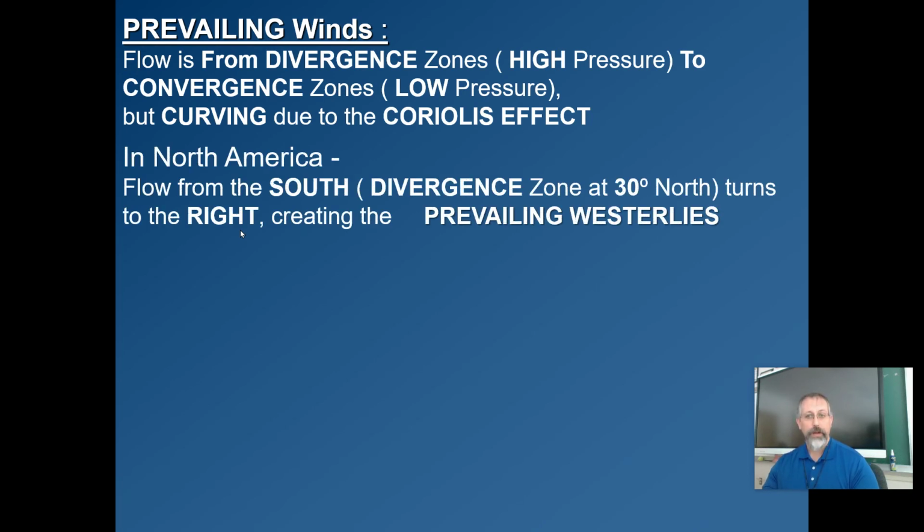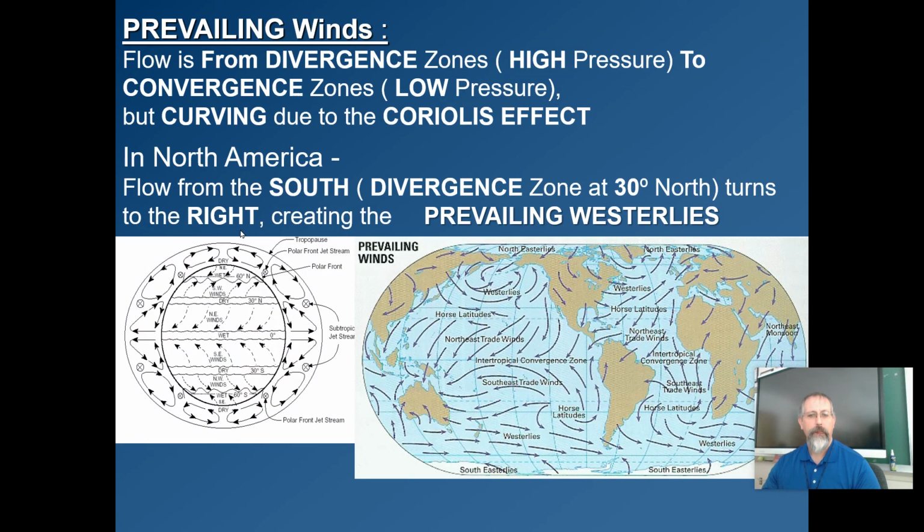So in North America, as I mentioned, we usually have prevailing westerly winds. The flow starts from the south, kind of curves, and goes across the United States, across our continent. So here we go. South of us, so Florida is at about 30 north, the winds are from the northeast to the southwest.